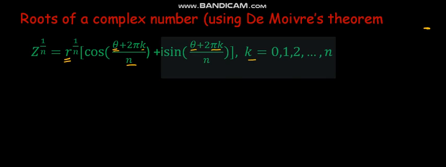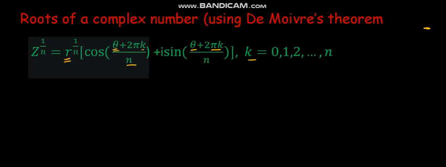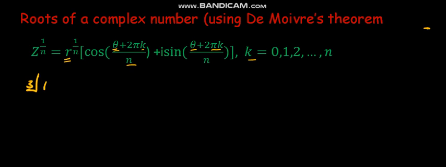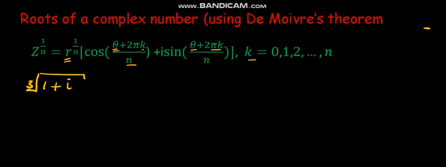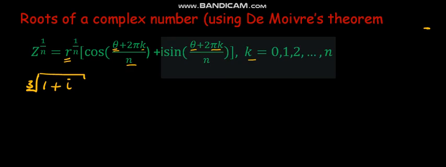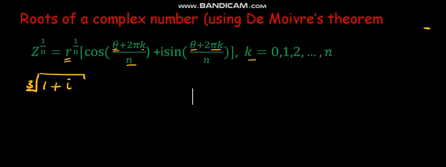Is that okay? For example, if they tell us to find the cube root of 1 plus i, we are going to use De Moivre's theorem to find the required solution.